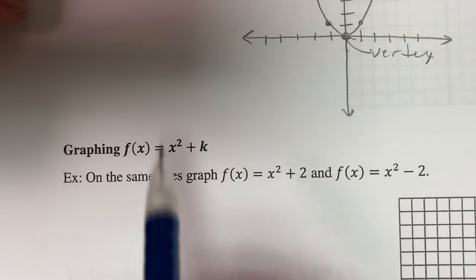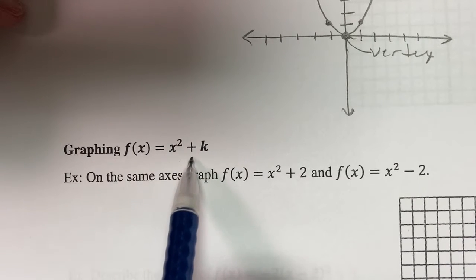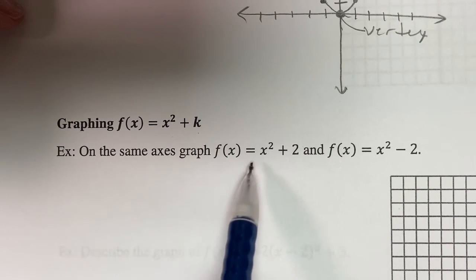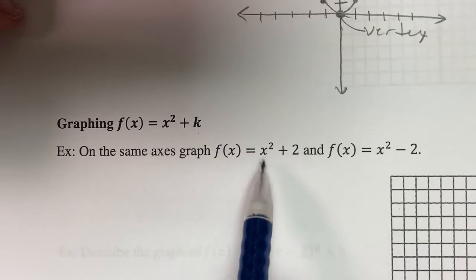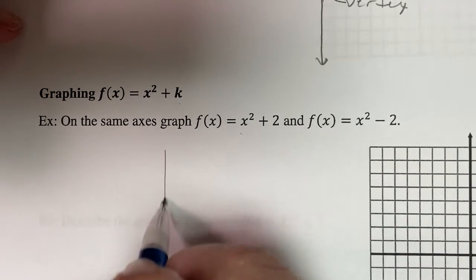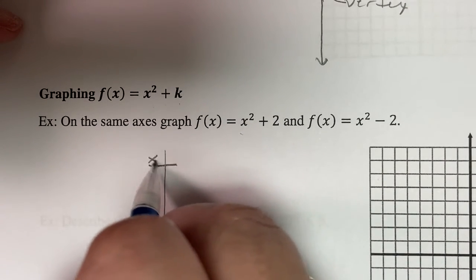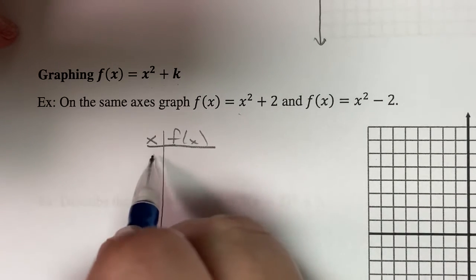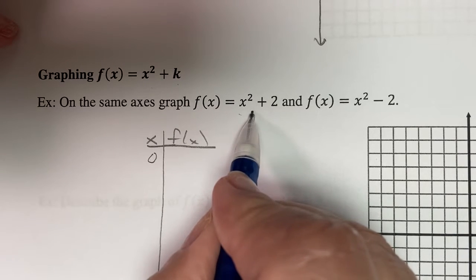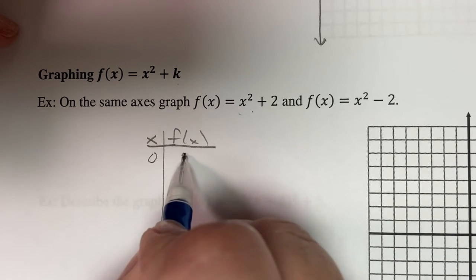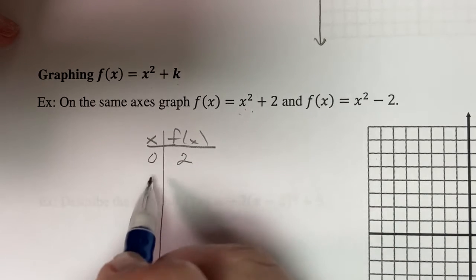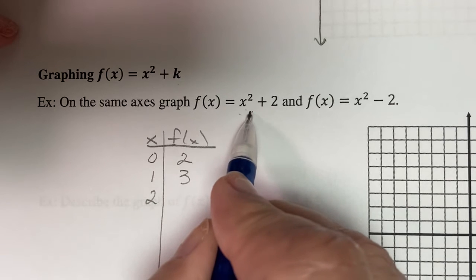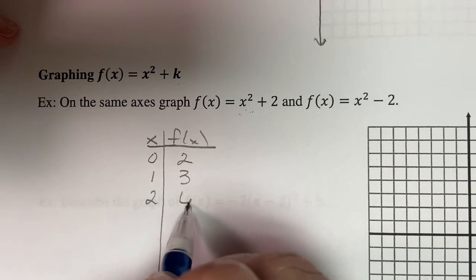Now what if I want to graph f of x equals x squared plus k? What does that do? Well, let's graph f of x equals x squared plus 2. If I make an f of x chart, if I plug in 0 for x, 0 squared is 0 plus 2 is 2. Plugging in 1 is going to give me a 3. Plugging in 2, 2 squared is 4 plus 2 is 6.